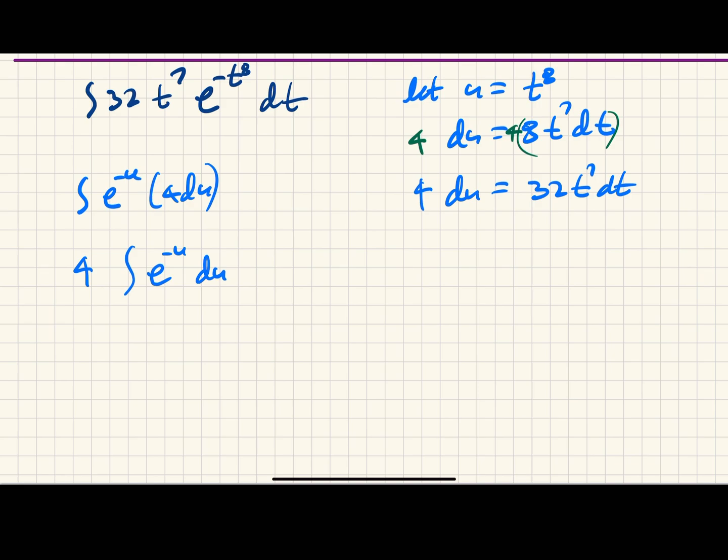No, but I could put that 1 over e to the u, but do I have to do that? No, because the derivative of e to the u is e to the u, right? It is its own integral and its own derivative. So it's just negative. Yeah, you were right. Oh, I was. So it's just minus 4 e to the minus u plus c, right?